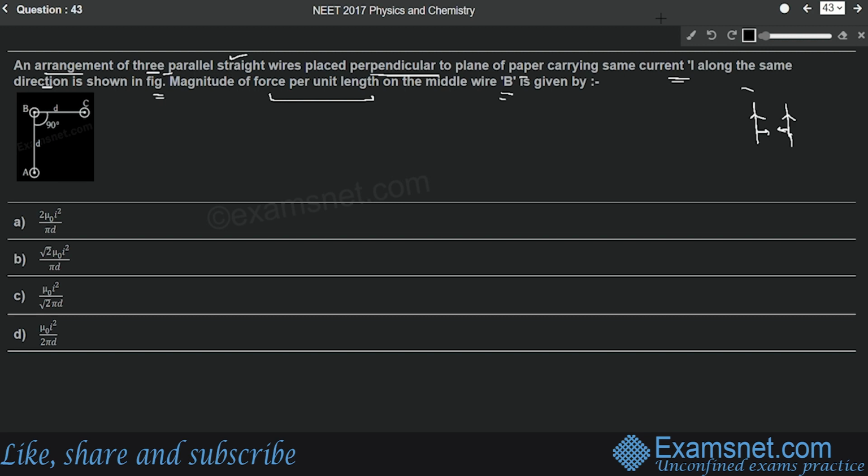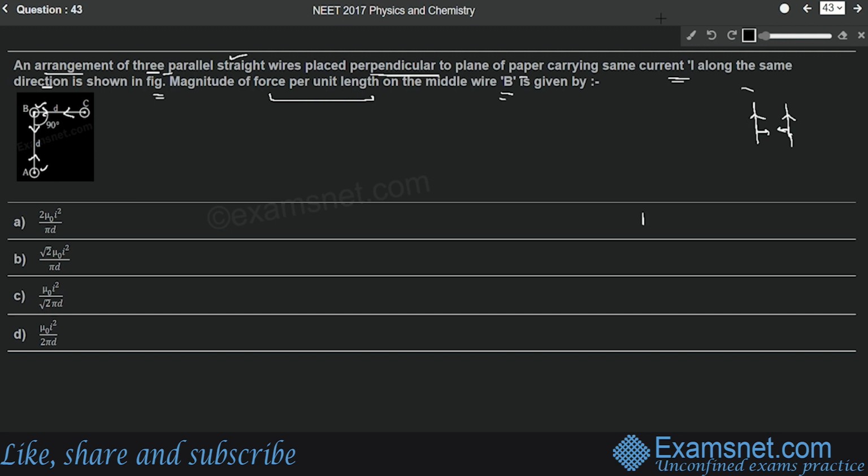So here wires A and B are parallel to each other and the current is moving in the same direction, so there will be a force of attraction between A and B. Also there will be a force of attraction between B and C due to the same reason.